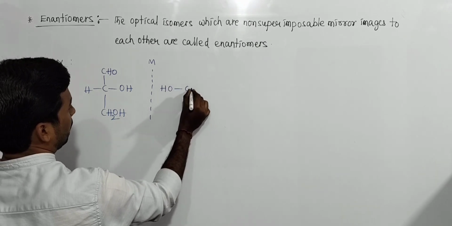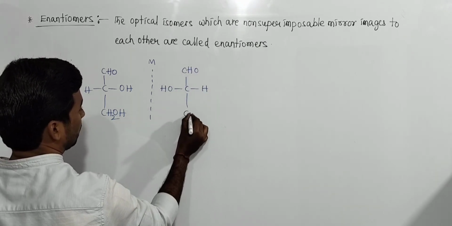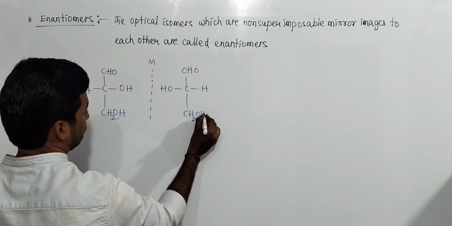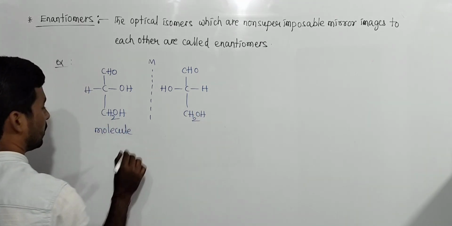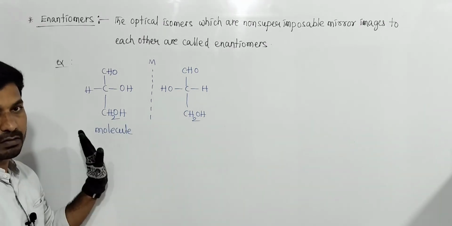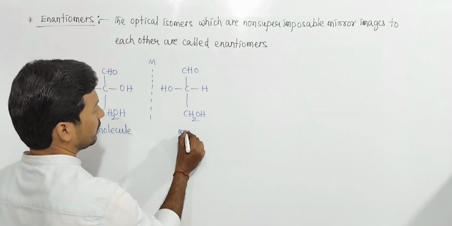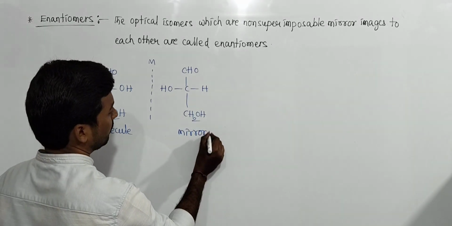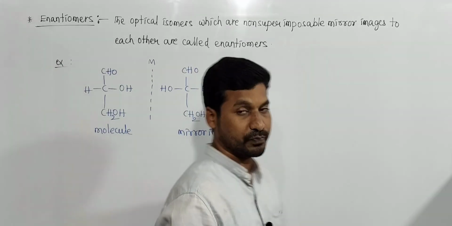Right becomes left, left becomes right, but top is top only and bottom is bottom only. This is the molecule and this is its mirror image. If it is optically active, its mirror image is not superimposable. Then verify its superimposability.